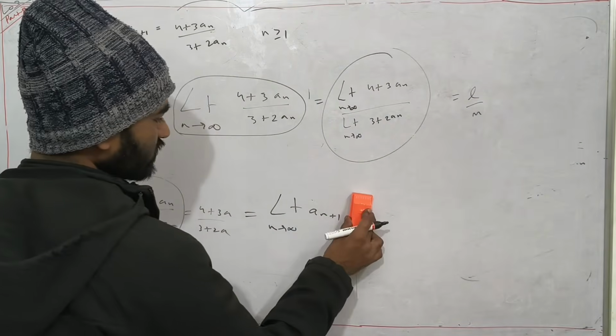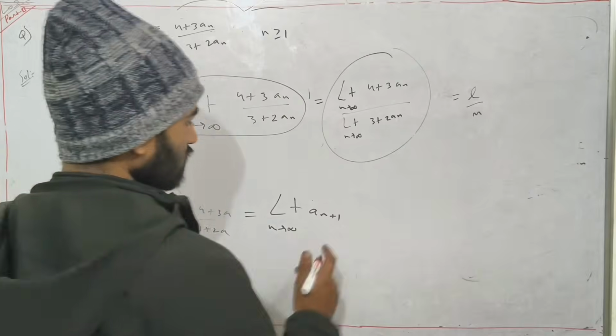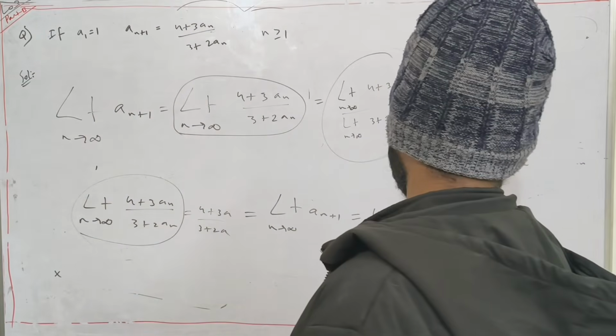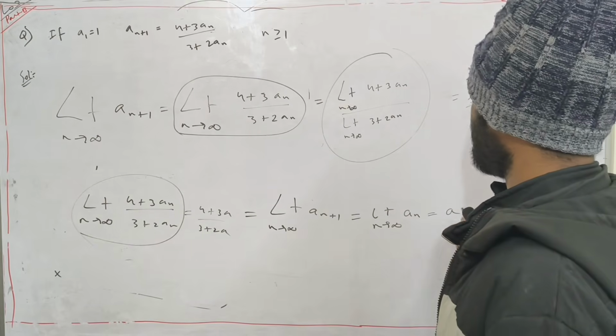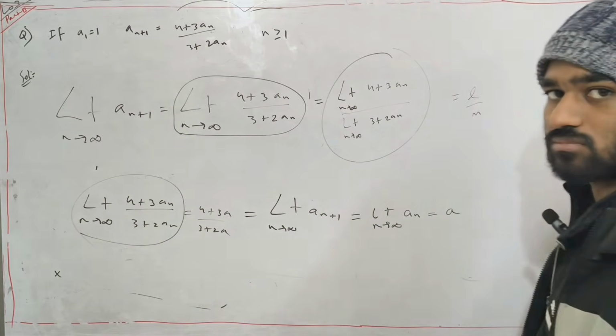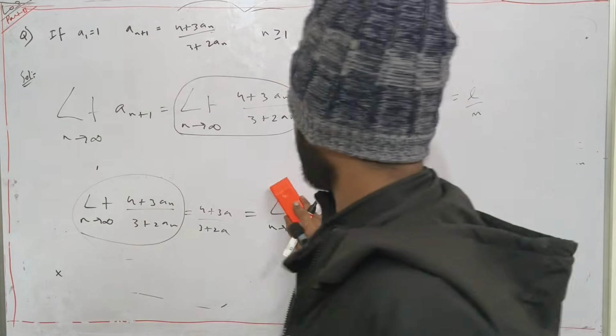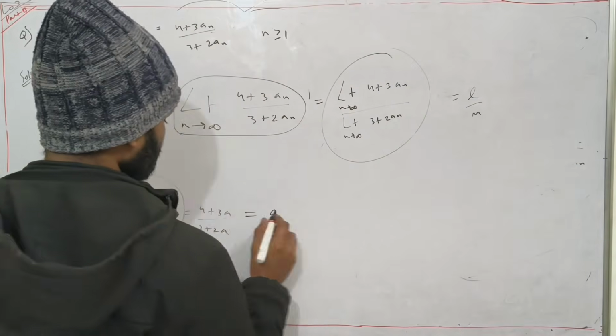So limit n tends to infinity a(n+1) we can write as limit n tends to infinity an, and this value they gave as a. So we can write it as a.